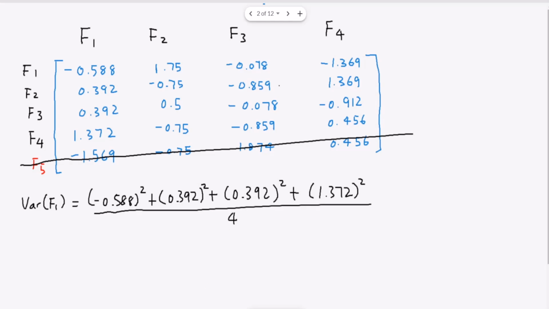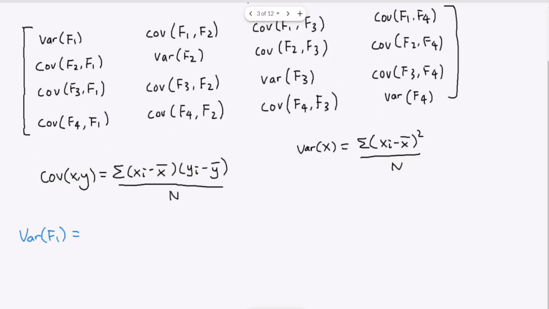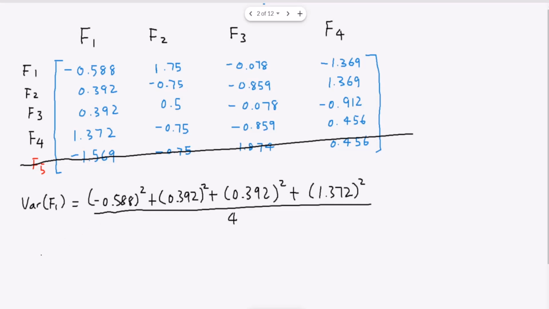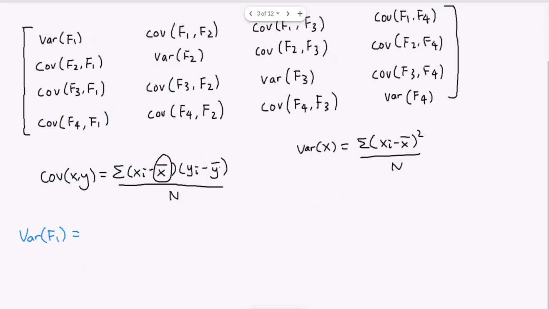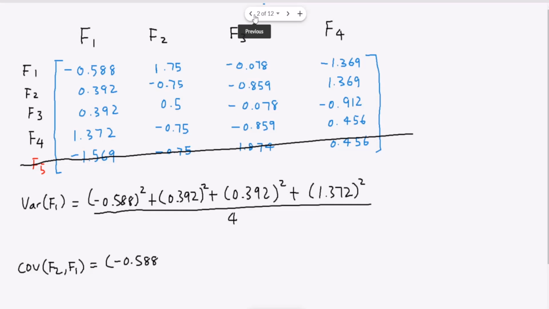All right. So let's check. Okay, just checking the covariance formula. Okay, so the covariance between F2 and F1 now is going to be negative 0.588. And, well, if we look in our formula over here, the mean of each variable is just going to be 0, right? Because when we standardize our data, we're going to have a mean of 0 and a standard deviation of 1.